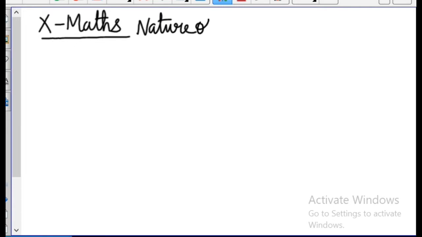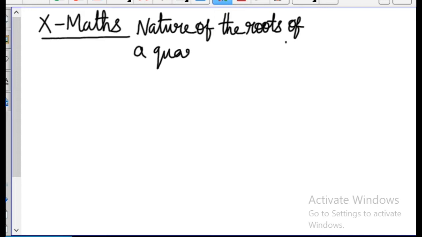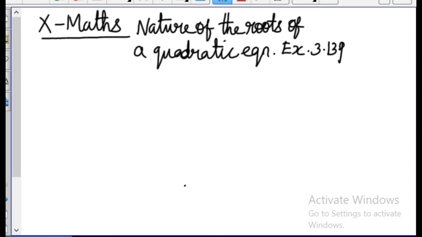Nature of the roots of a quadratic equation. This is Exercise 3.13, part 2.